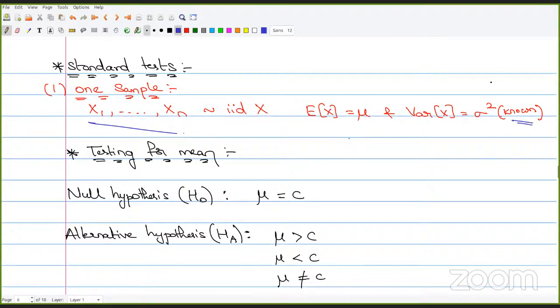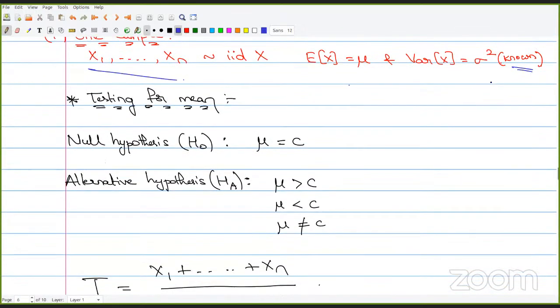This is a very rare case. Knowing the variance and not knowing the mean while testing for the mean is very rare. So by looking at the clues, it is a Z test, right?